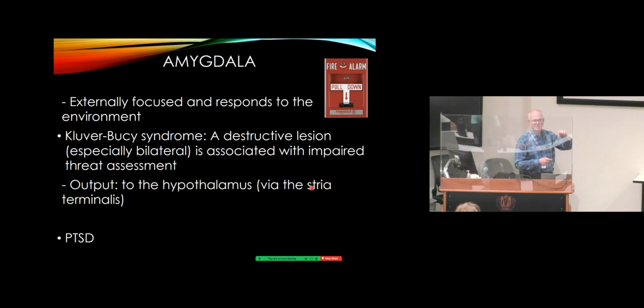The hippocampus talks to the hypothalamus via the fornix. That's for memory, Papez circuit. The amygdala for fight or flight talks to the hypothalamus through the stria terminalis. And I told you last year that inappropriate activation of the amygdala is what we see in PTSD, where even without the stimuli, the amygdala is activating, and how that is actually quite harmful.